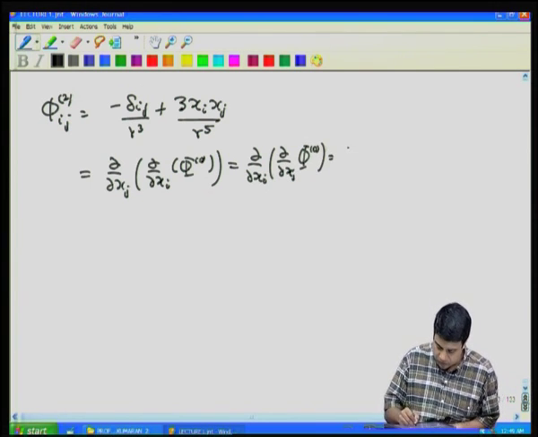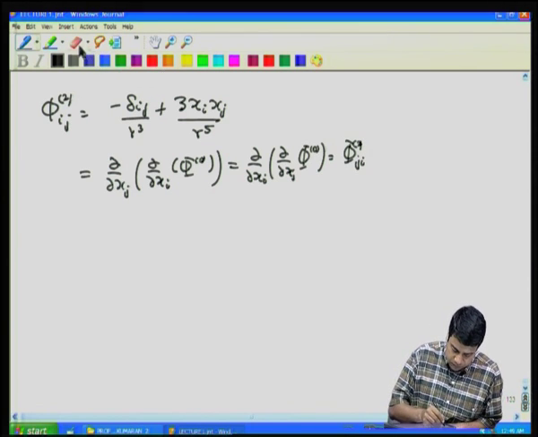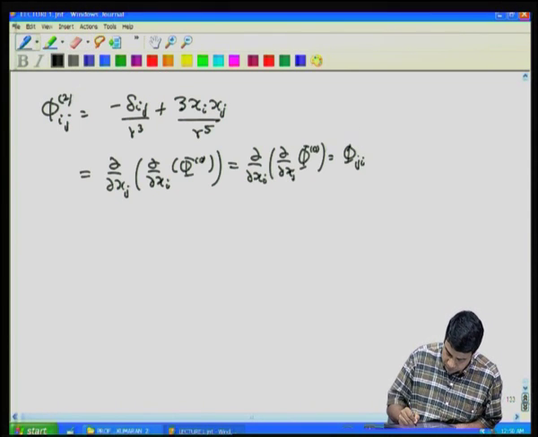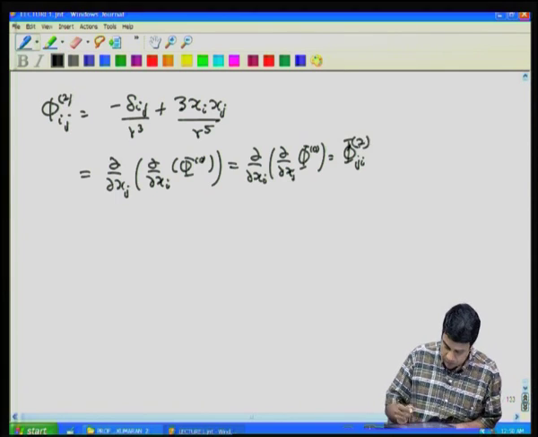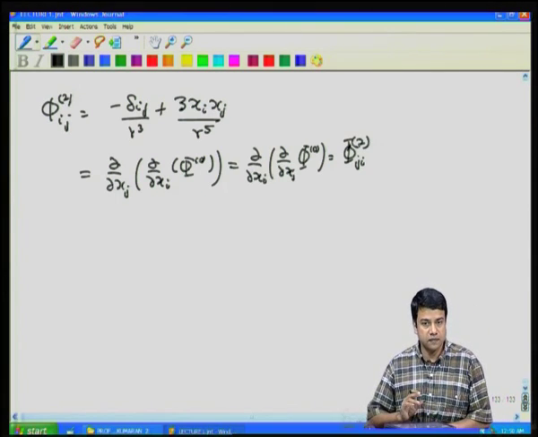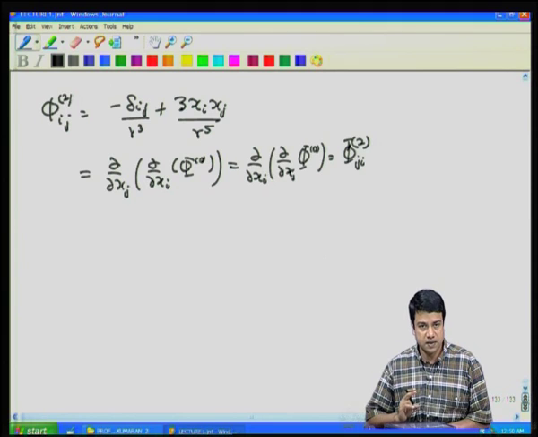This is equal to phi 2 j i. Okay, so, it is a symmetric tensor and therefore, it has 6 independent components.